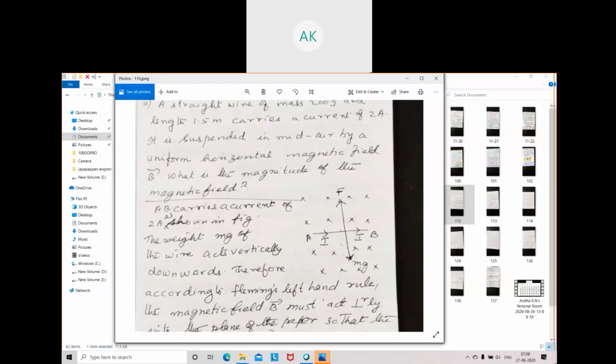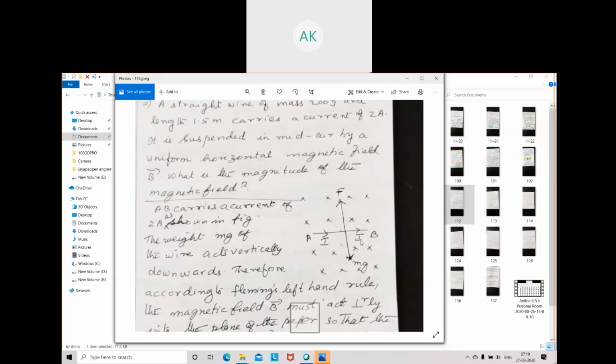So AB carries a current of 2 ampere as shown in the figure. The weight mg of the wire acts vertically downwards. Therefore, according to Fleming's left-hand rule, the magnetic field B must be acting perpendicular into the plane of the paper. Using the right-hand rule, you find the direction of the magnetic field. For a straight wire, hold the wire with your right hand, with the thumb showing the direction of current.